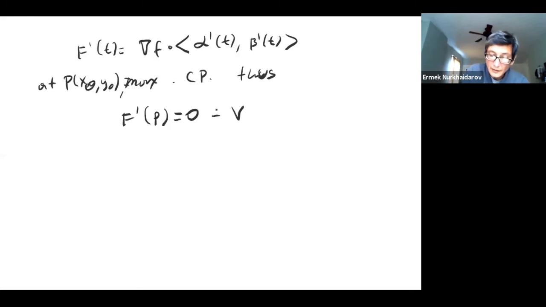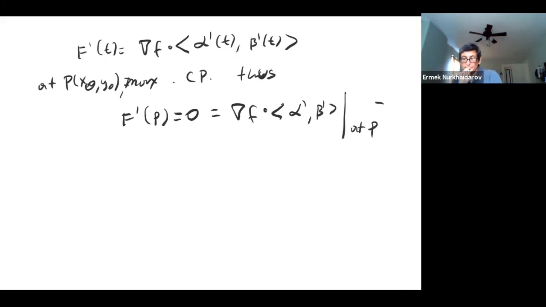So gradient f dot product with (alpha prime, beta prime) at P is supposed to be equal to 0. That's the first observation.